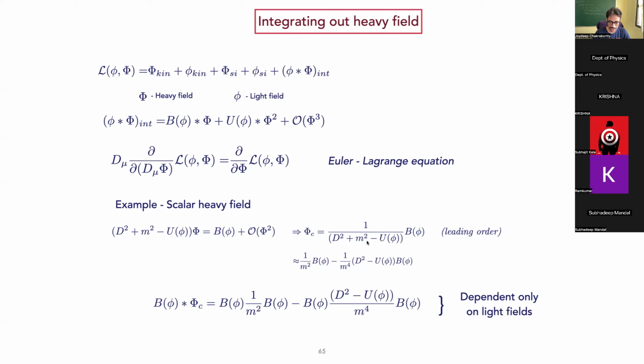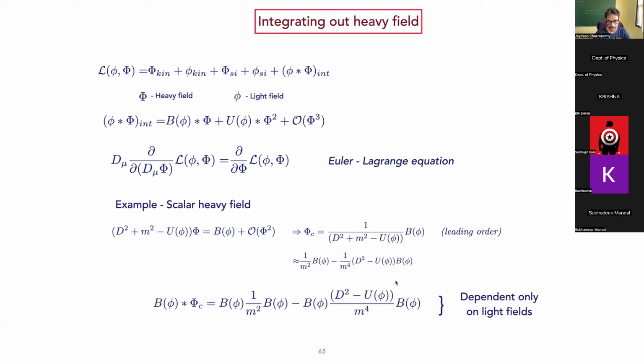Now, once you do that, this is still written in a non-local form. But now you can expand this structure. Here the assumption is that M, the mass of the heavy field, is much greater than any momentum transfer in the system, right? That's why you can perform a binomial expansion in the inverse mass square, and you get this term. You can certainly have more, 1 over M^6, M^8, and so on, but we can truncate here.